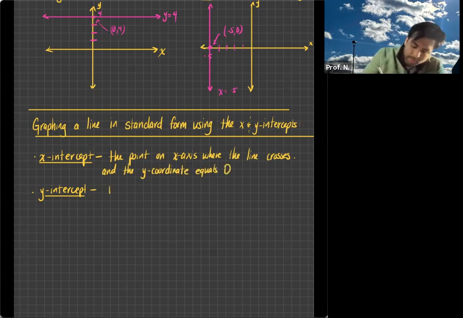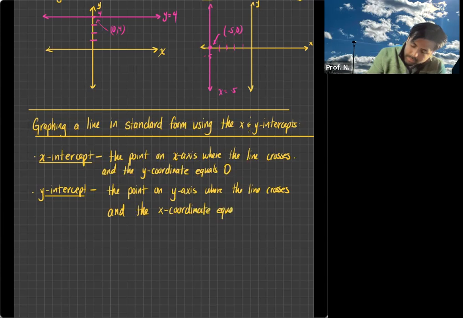And the y-intercept is the point on the y-axis where the line crosses. And the x-coordinate equals 0. So it's like it switches back and forth.